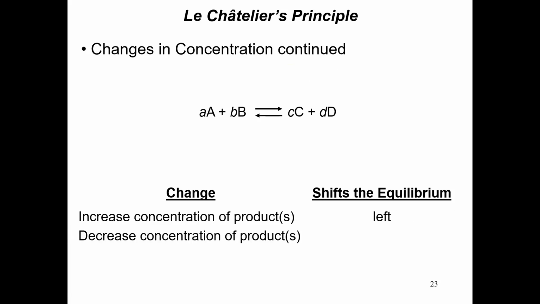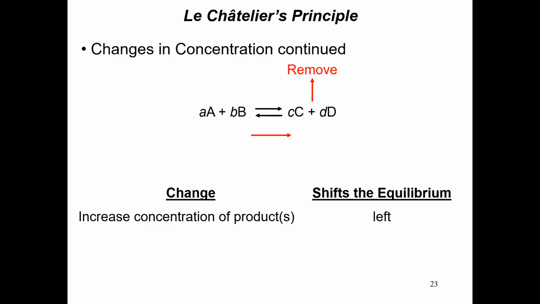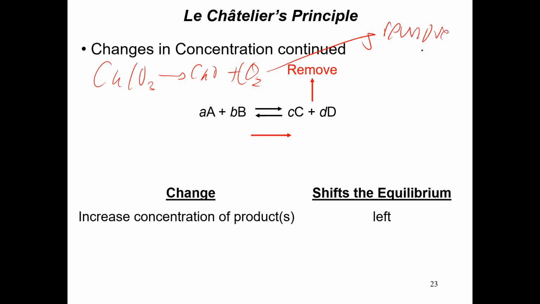You remove things from that. For example, if you have calcium carbonate goes to CaO plus CO2, and you remove CO2, that will cause the reaction to go to the right-hand side.